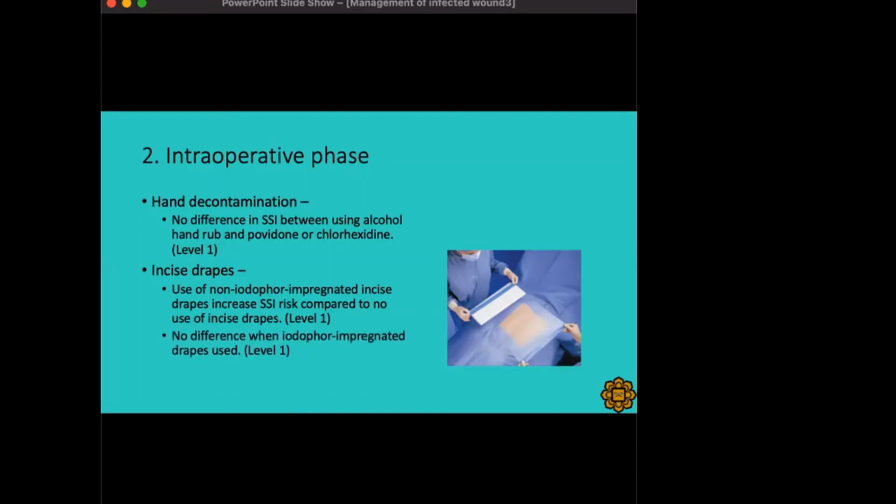Okay. However, there's no difference when you use the iodine impregnated one. Okay, so if you're going to use one, use the iodine or iodophor impregnated one.